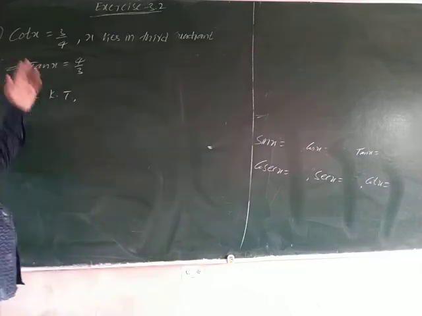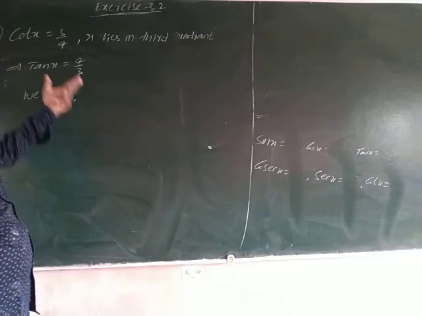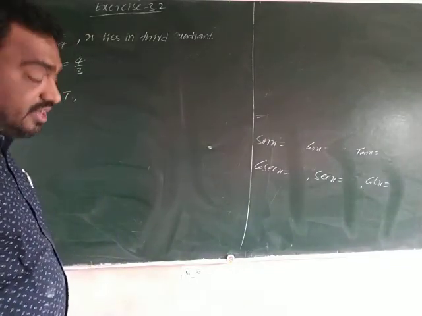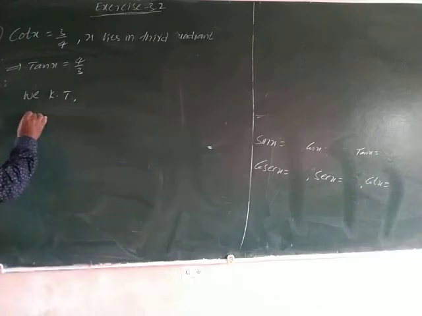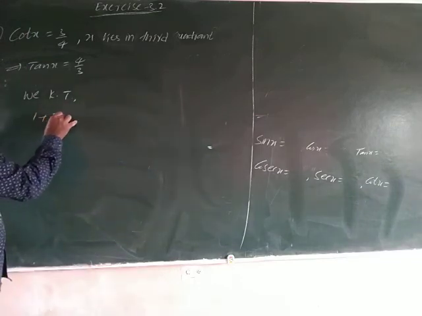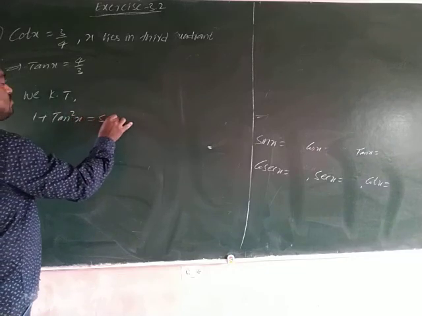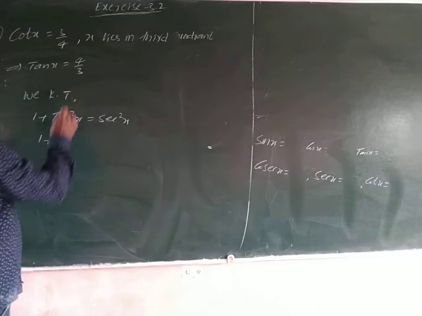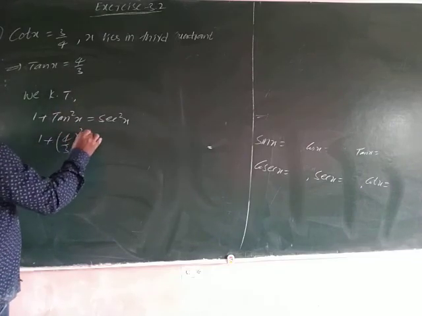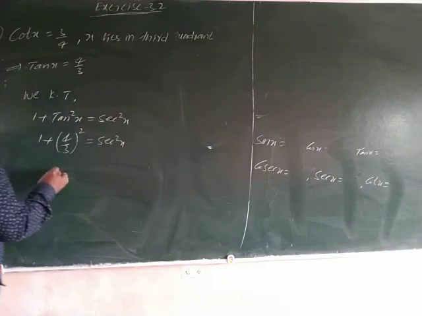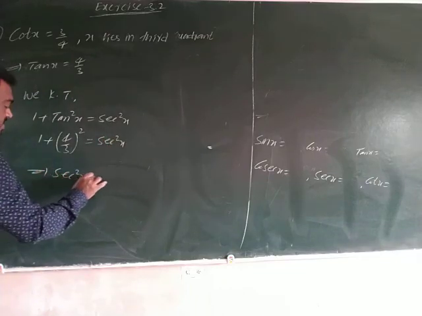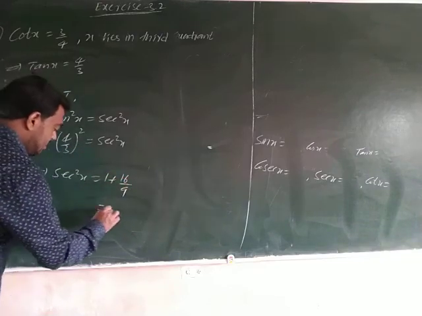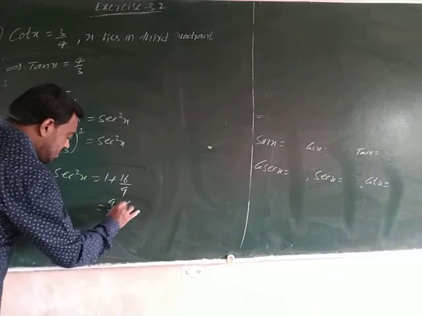Next, we know the relation between cot and secant, or tan and secant, any one. Here I'm using secant. What is the formula? 1 plus tan square x is equal to secant square x. So 1 plus tan square x, the tan value is 3 by 4, 3 by 4 whole square, is equal to secant square x. That implies secant square x is equal to 1 plus 16 by 9, 9 is the LCM, 9 plus 16.